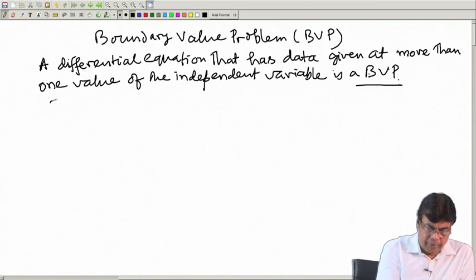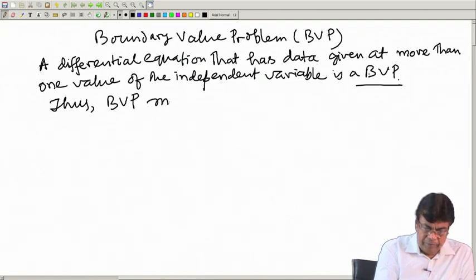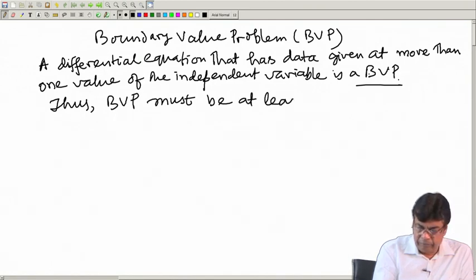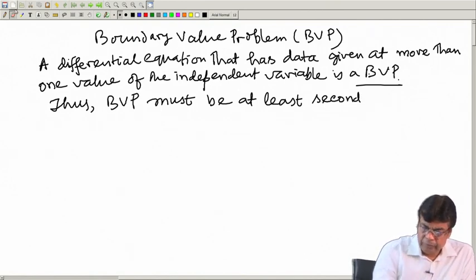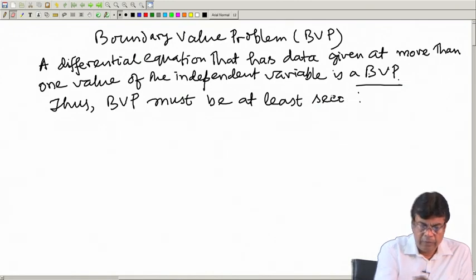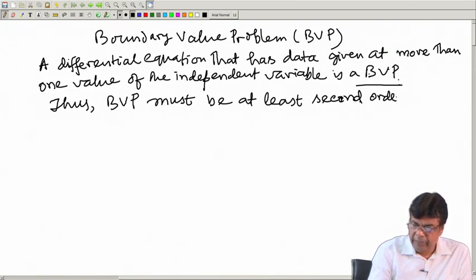Thus a BVP must be at least second order. It can be higher as well, that is not an issue.